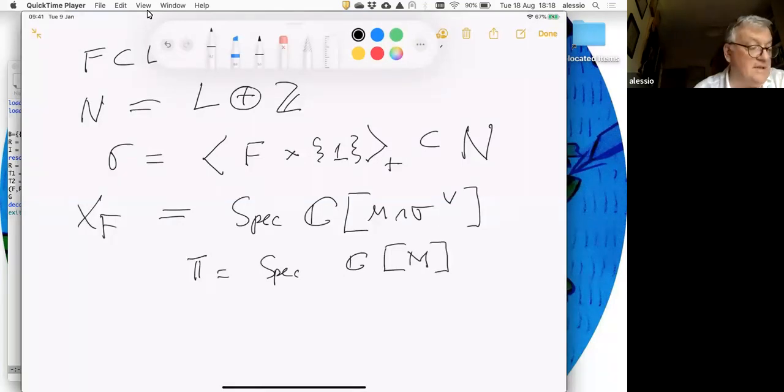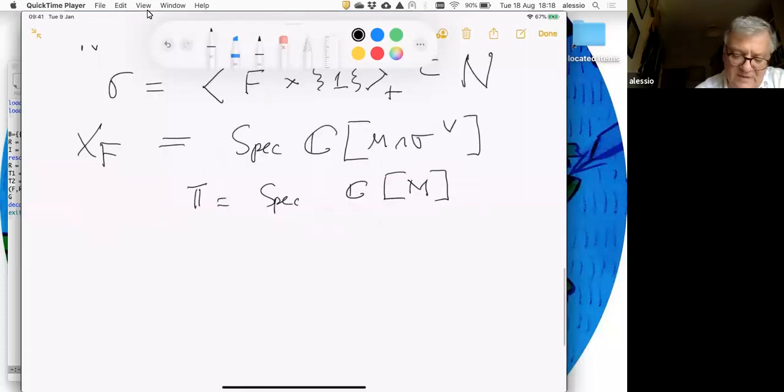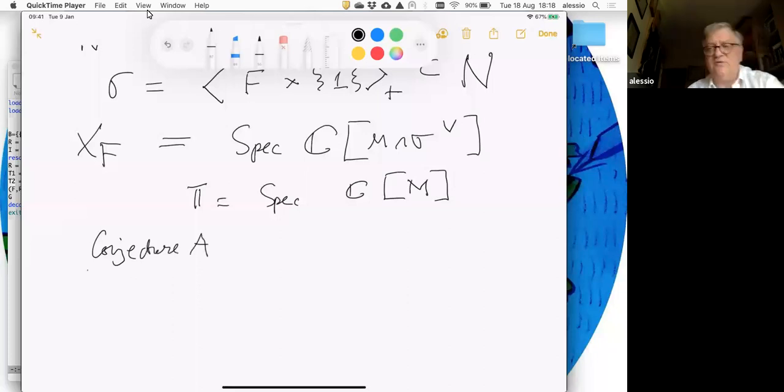Okay, the conjecture A. So if you like, what this toric variety is, it is a Gorenstein toric affine threefold.